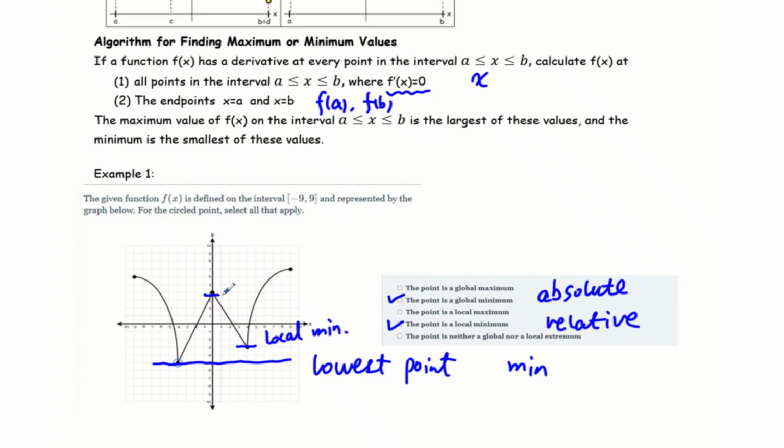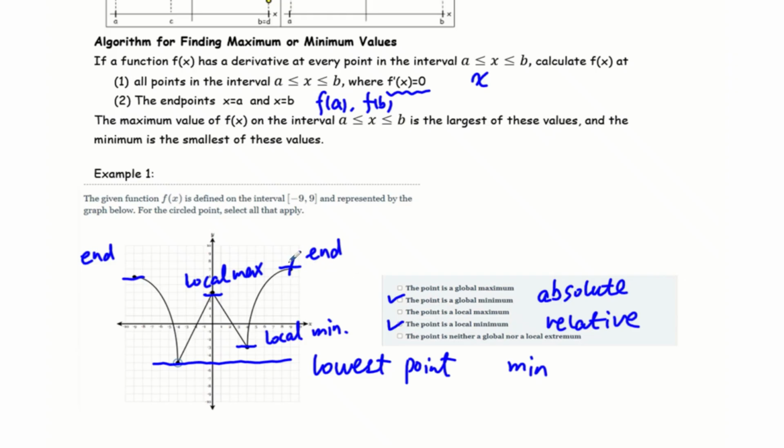And this point is not the highest point, so it's a local max. And these two are just end points, so we don't call them a local maximum or minimum. They're end points.